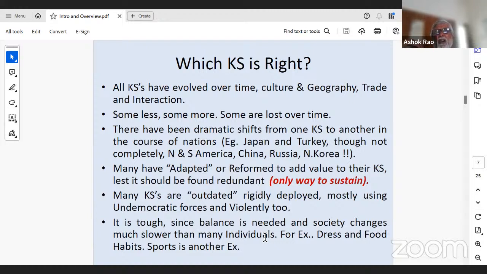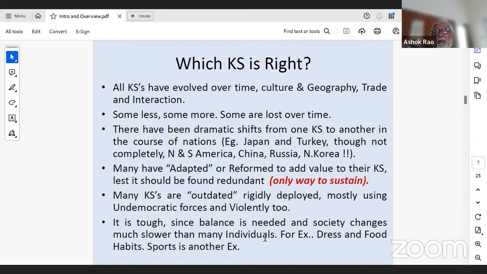And for almost 50, 60 years, people in Tamil Nadu, particularly the girls, avoided salwar kameez. Now it's become very common. Similarly, food. Today, pizza has become part of the diet. Fast food has become part of our diet. Sports is another.